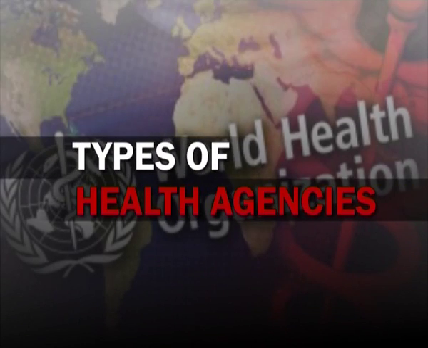Types of health agencies. Let us examine types of health agencies. The term multilateral means that funding comes from multiple governments as well as from non-governmental sources. The World Health Organization is the premier multilateral international health organization as it is an internationally consented agency.